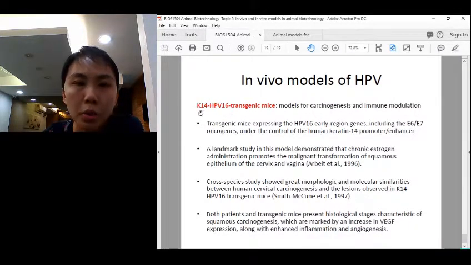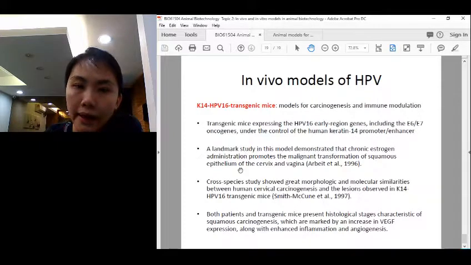K14 is the promoter or enhancer region, which controls the expression of HPV16. A landmark study in this model demonstrated that chronic estrogen administration promotes malignant transformation of squamous epithelium in the cervix and vagina. So this study shows the relationship between hormones and malignant transformation.